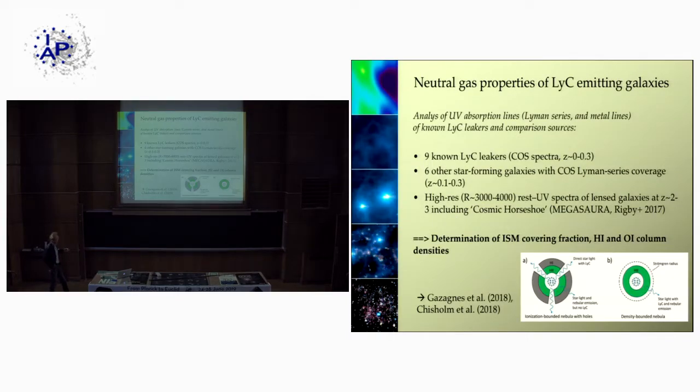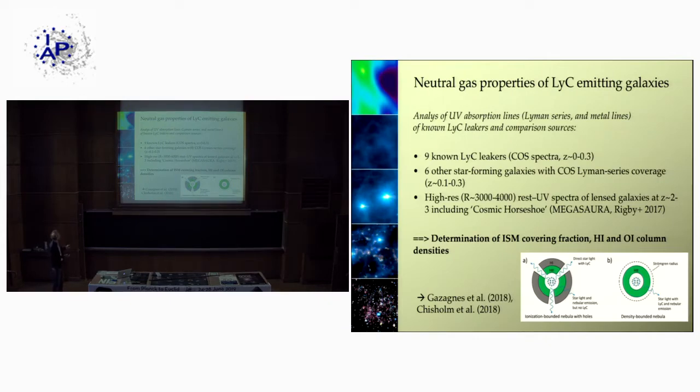We have also done other work on these galaxies, namely looking at the UV absorption lines, and I want to spend a few minutes going through this. So the basic idea was to test different diagnostics on these galaxies. We used the same sample of Lyman continuum emitters, which we had found in the meantime.